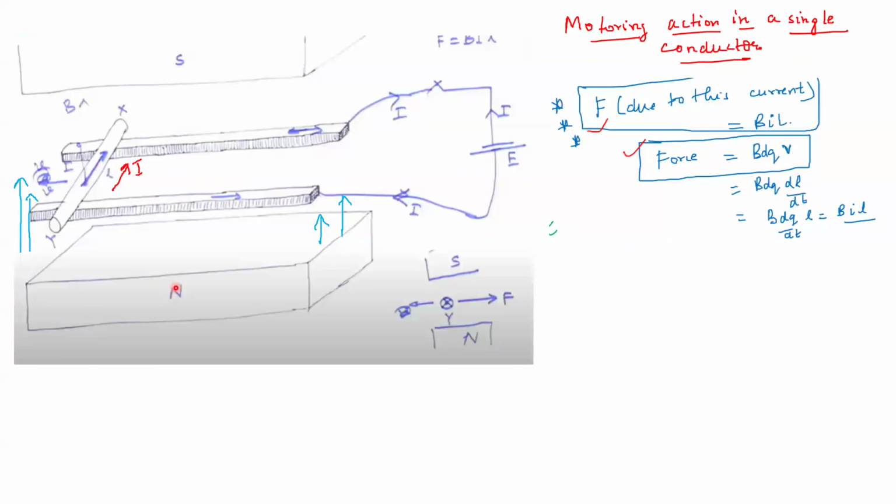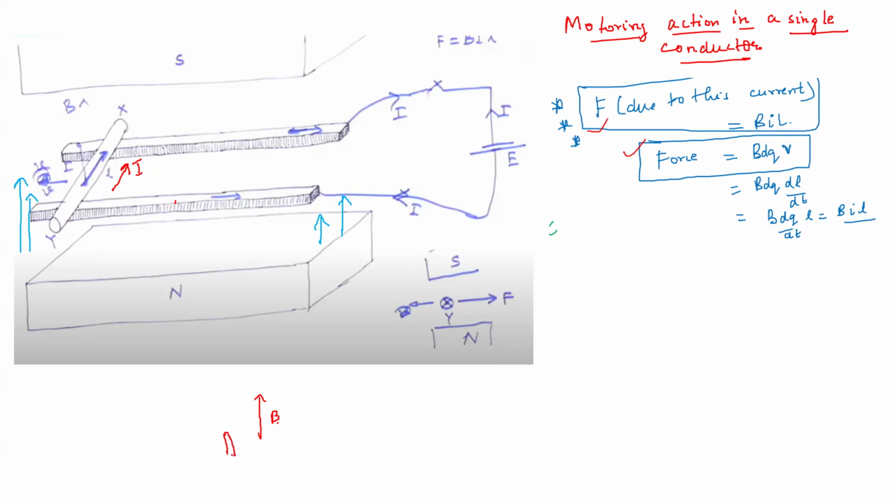So coming here, we can find the direction of this force. You will place your left hand, with your forefinger in the upward direction. This is the magnetic field B.